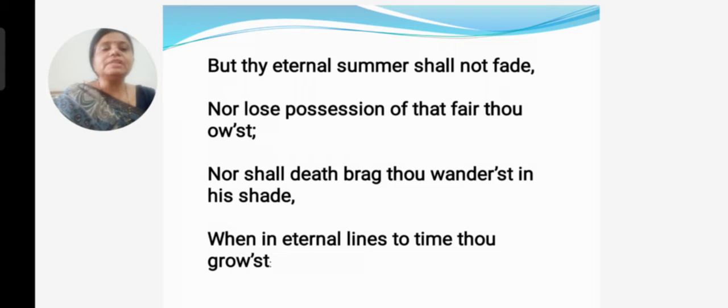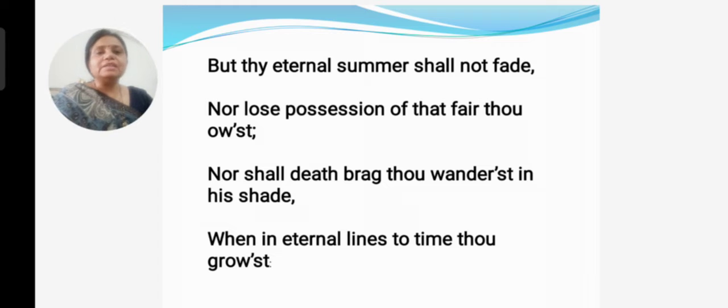When in eternal lines to time thou growest. Now, here is the answer to the question which might arise in our minds: how is it possible that Shakespeare can claim that the beauty of the fair youth is untouched by time, is untouched by death, and how is it possible that his beauty's summer is eternal?